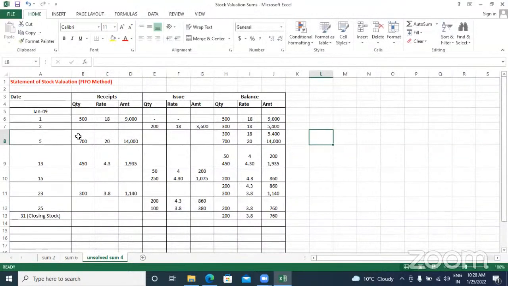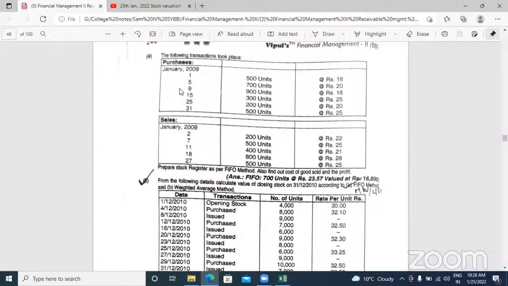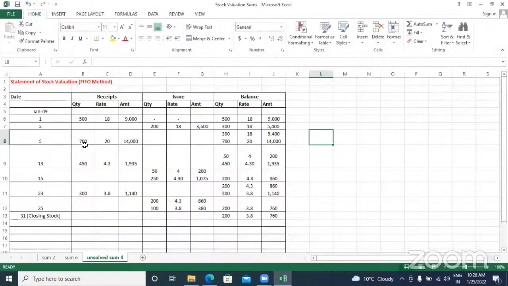See, फिफ्थ डेट का ट्रांजैक्शन हो गया. अभी आ जाओ नेक्स्ट. फिफ्थ के बाद कौन सा डेट आपको दिख रहा है सीक्वेंस में? 7th. So what is happening on 7th? Sales 500 units. Don't look at this 25 because we are going to consider the FIFO method. So tell me how many units are going to be issued? 500. 7th date, 500.